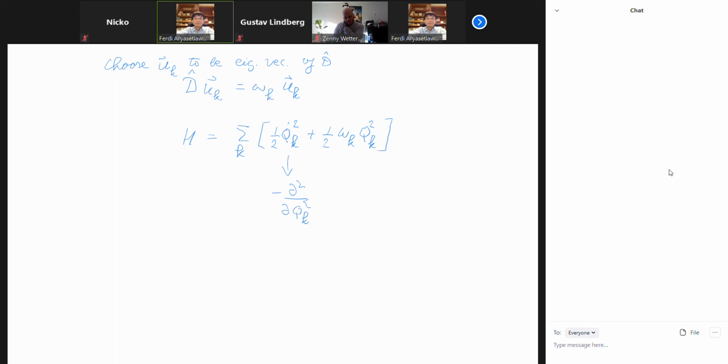So we recognize this as the momentum operator. And then we get the harmonic oscillator Hamiltonian. These are just quadratic in the displacement. So we know the solution. So then we have the harmonic oscillators. Call it NK like this.